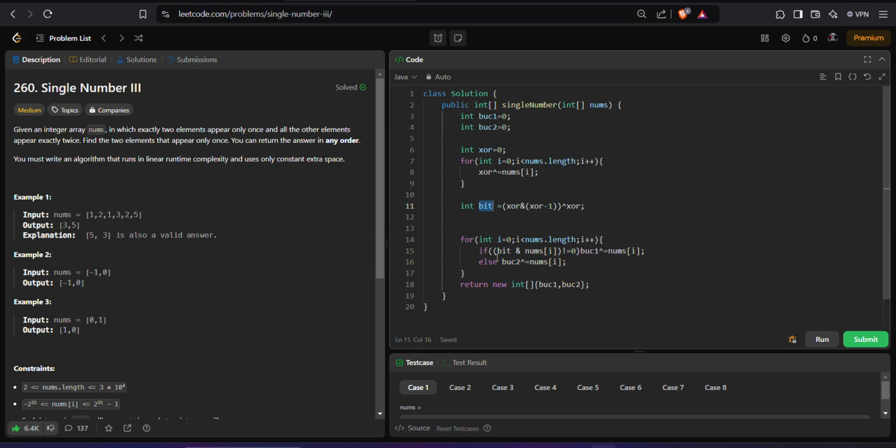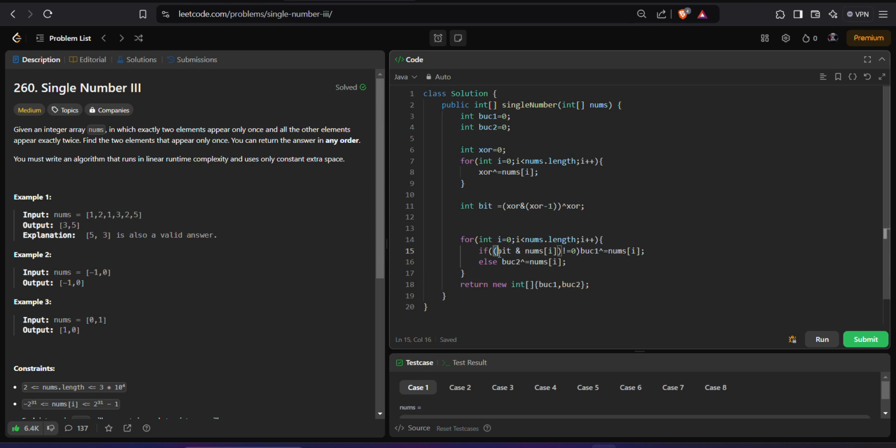We will check if this bit ANDed with nums of i is not equal to 0, which means that number has that particular bit set, and we will move it into our bucket 1, consecutively XORing, so that at last when all the numbers are iterated, one single number remains in each bucket.